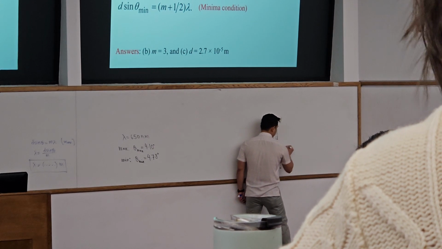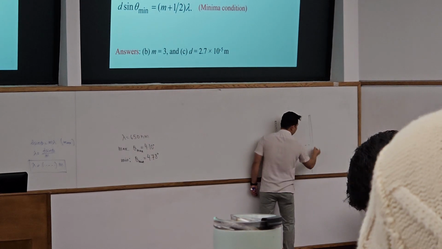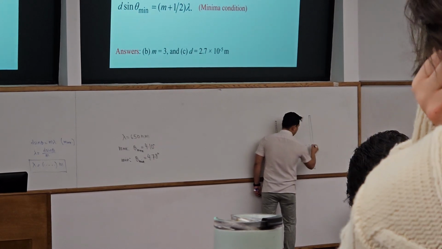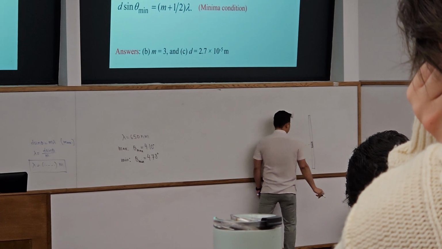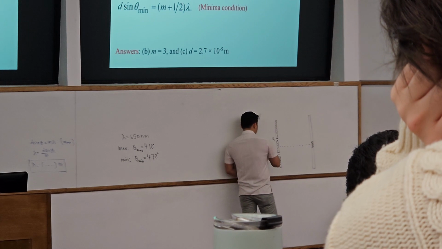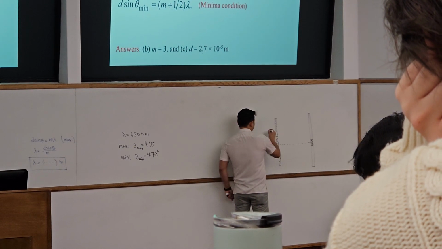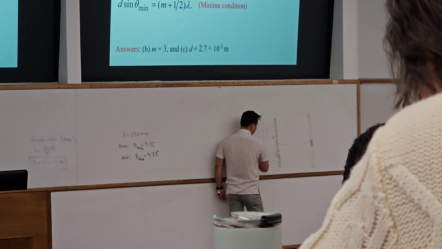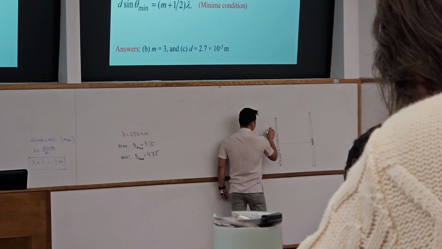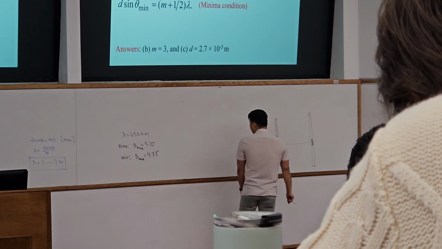So they basically travel to the screen, and the central point is always a maximum over here. Let me use another color. So light from source 1 and source 2 travel. Okay. Over here.